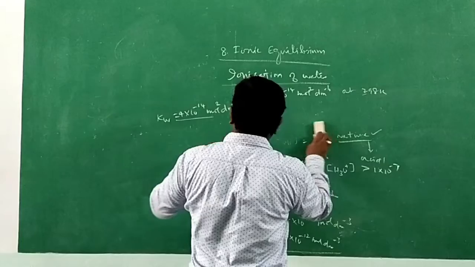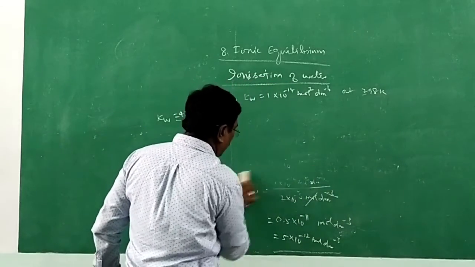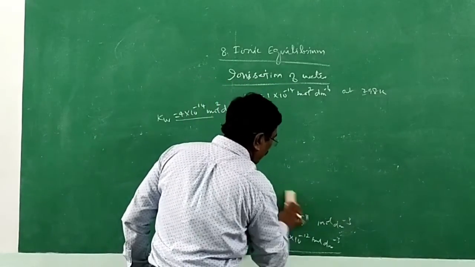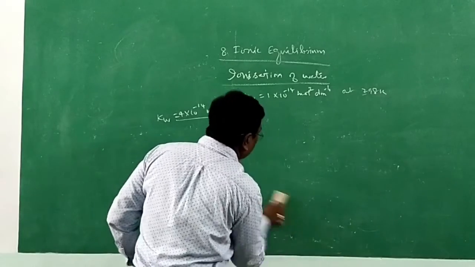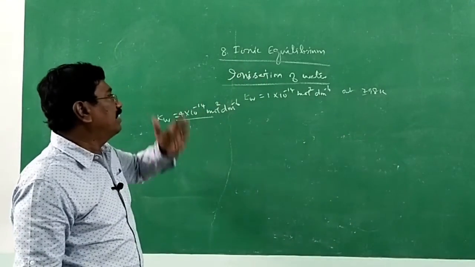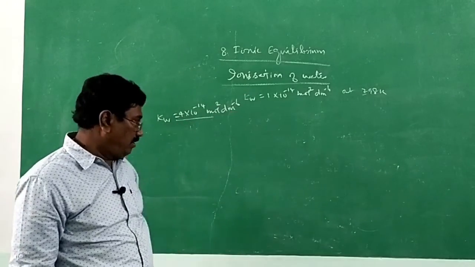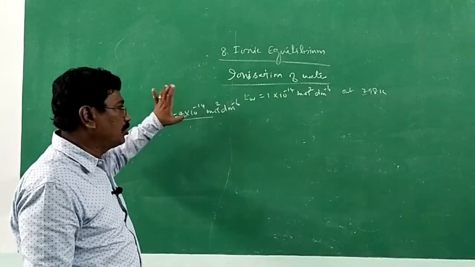Yes, it is possible. When the temperature is increased, Kw value may increase. It is a constant at a particular temperature. When temperature is increased, ionization will increase because it is endothermic. So, it may be slightly higher than at 298. Therefore, Kw value is this much.